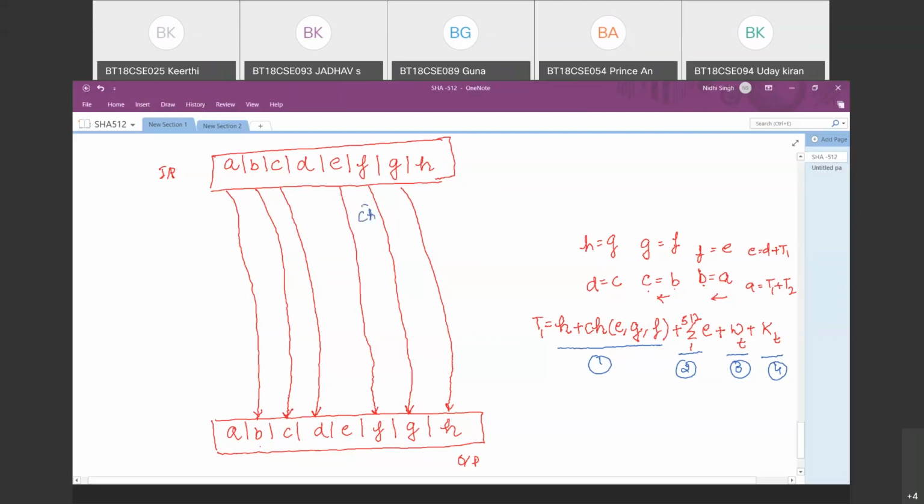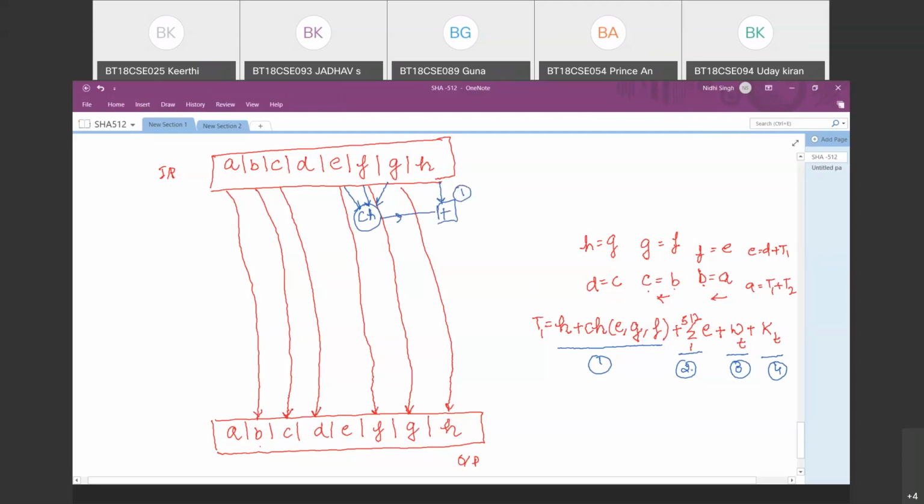So here conditional function, what is the input? E, F and G. Now it will be addition XORed with H. So whatever the output is generated, it will be condition modulo with H. So my first task is completed.